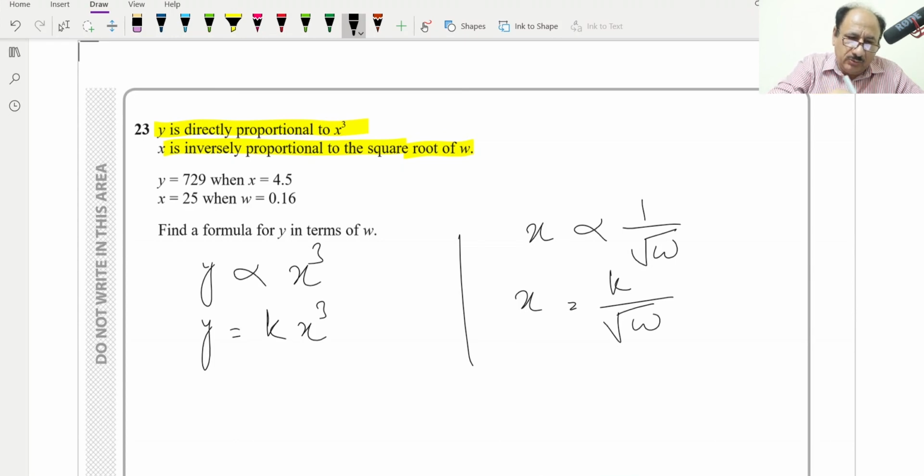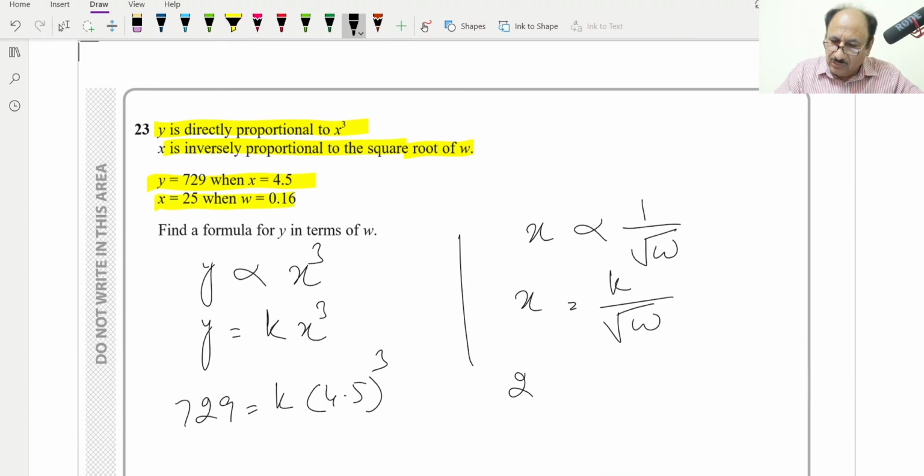Now they are saying y is equal to 729 when x is 4.5 cube, and the second thing which they have provided is x is equal to 25. So we can write here 25 is equal to k over root 0.16.